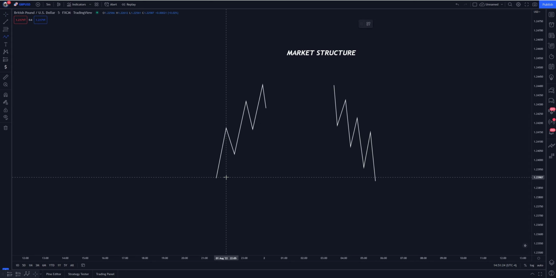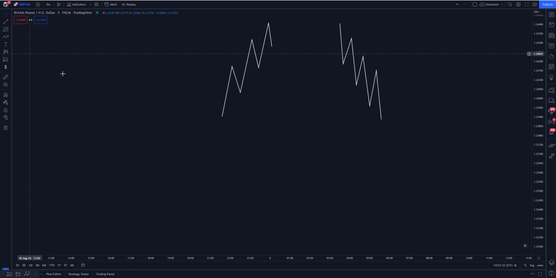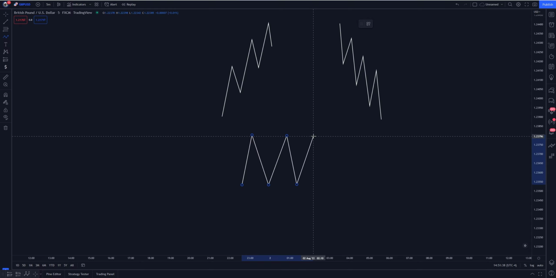Then we have another market condition known as a ranging market. Now, what is a ranging market? It is when price is not moving in any direction, but is moving within a small range. This type of price action is considered to be ranging.